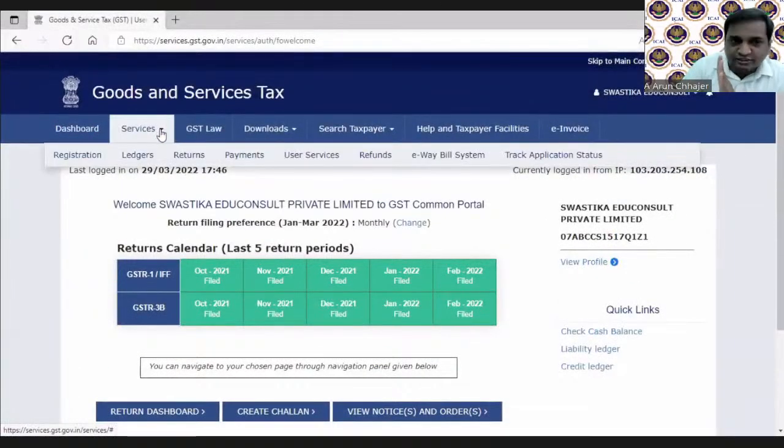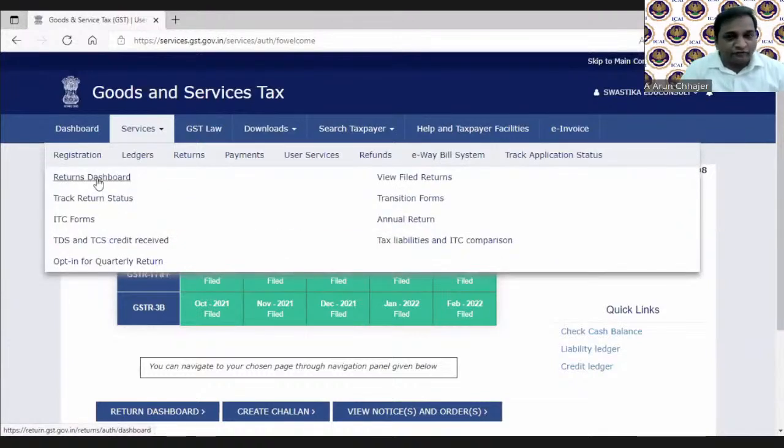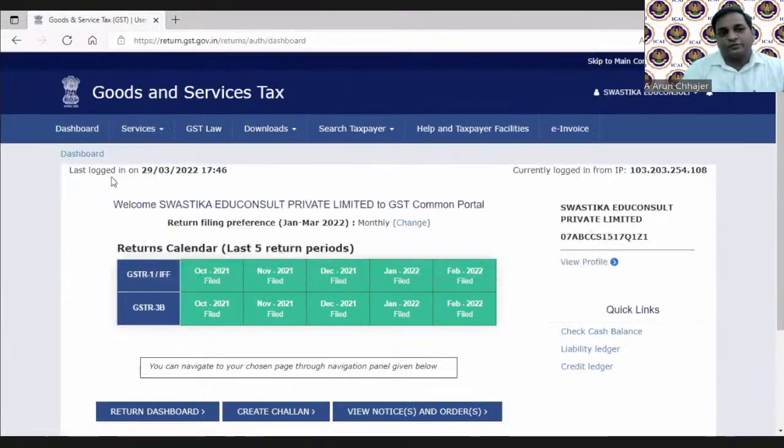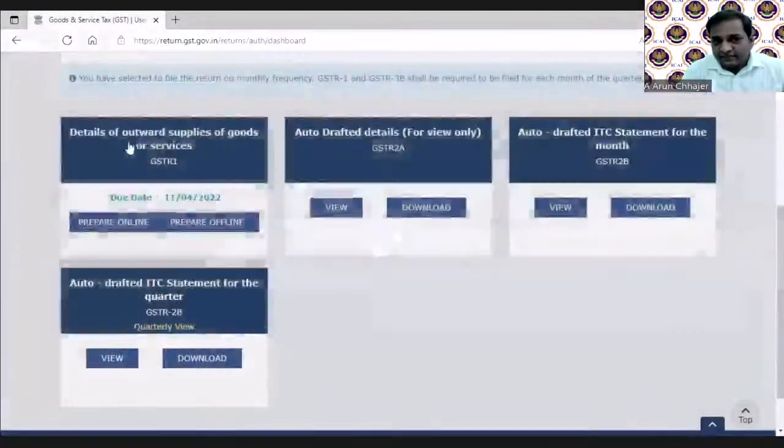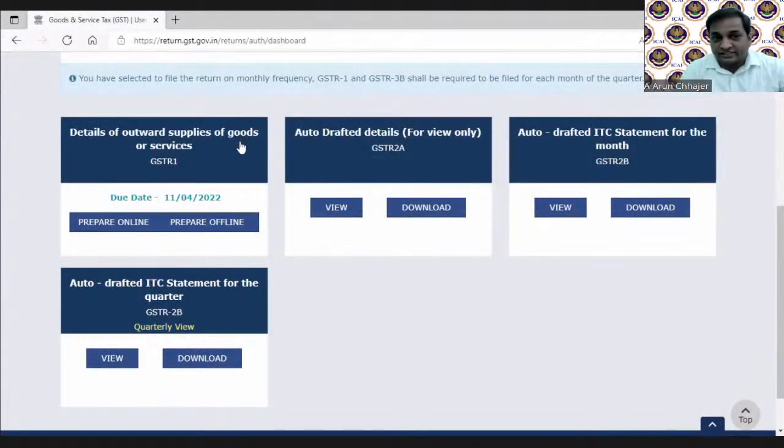IFF, I will also explain, but let me explain first the content of the GSTR1. I'm going to return services and the return dashboard. If I go to the return dashboard, then it will show the return applicable. You can see the details of the outward supplies of goods and services. It is monthly, and what is the due date? 11th of next month.